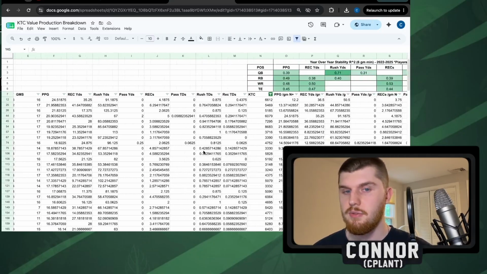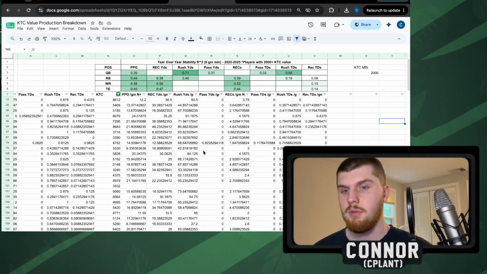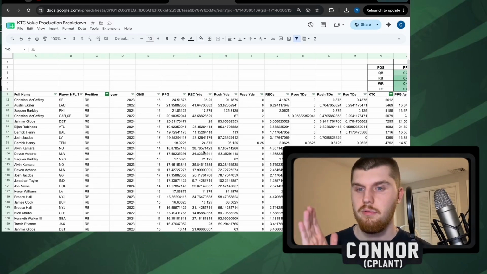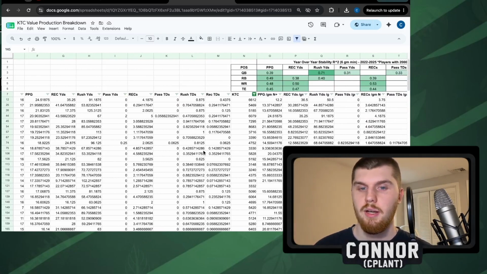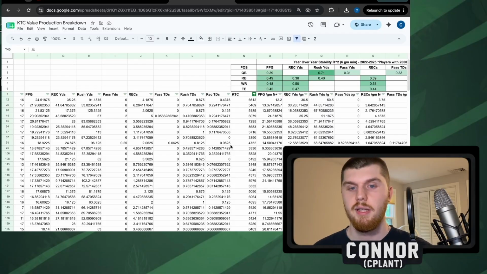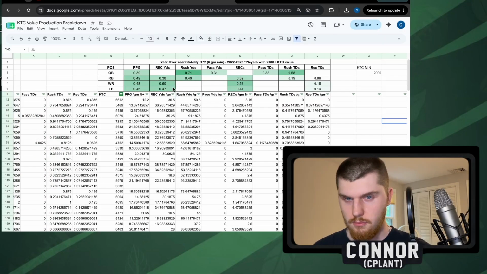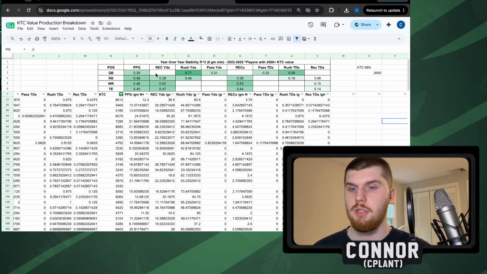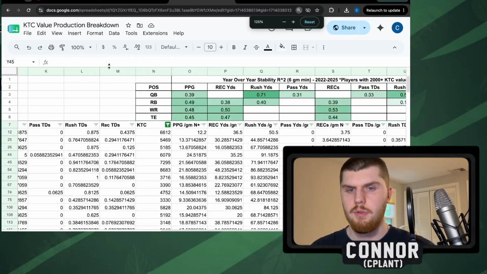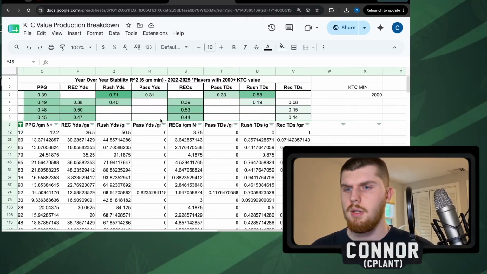And so I took stats from 2022 to 2025, and I looked at the per game stability year over year, right? Doing so, I was able to create this little chart here, which you can zoom into.